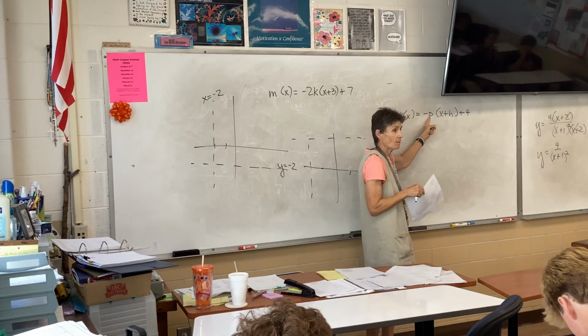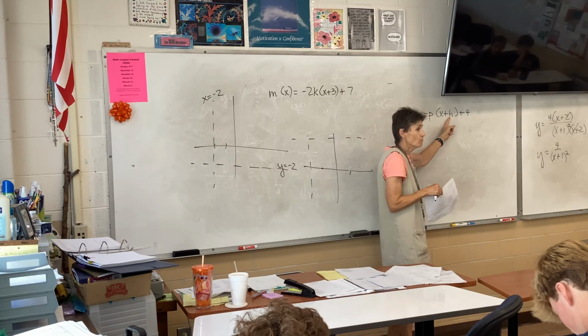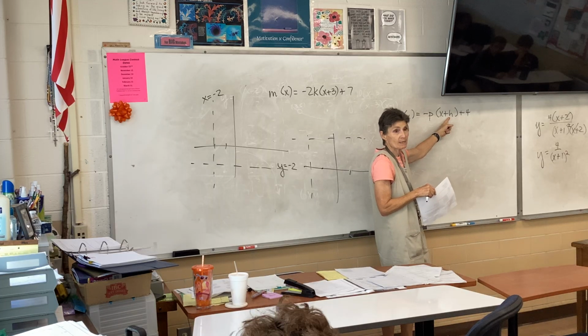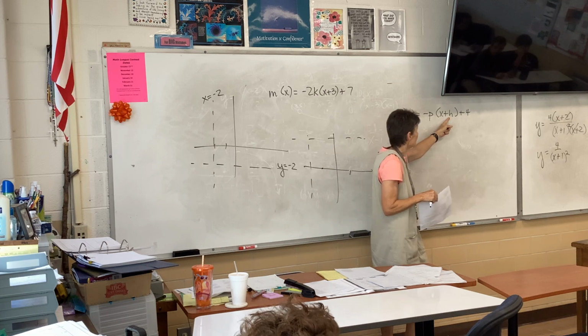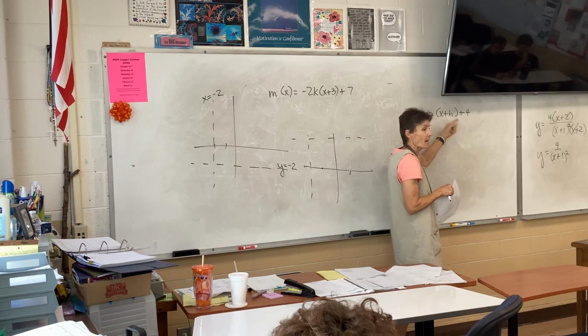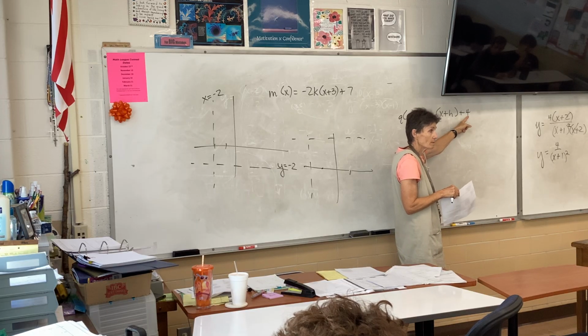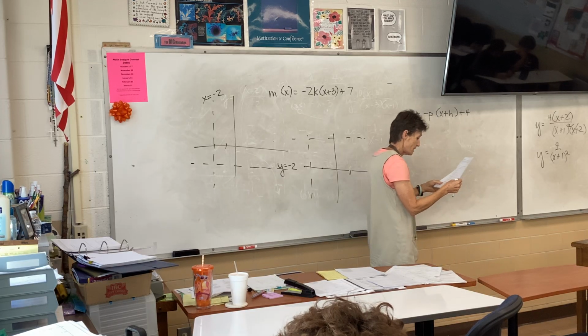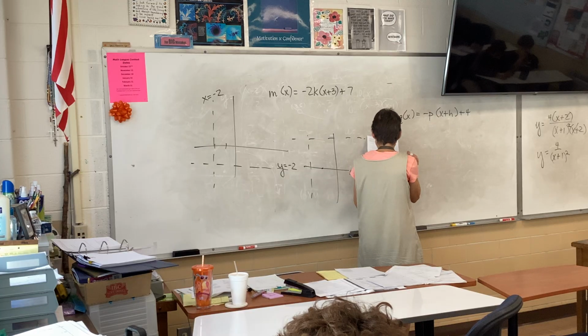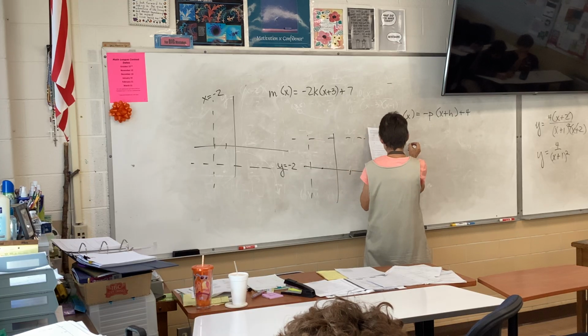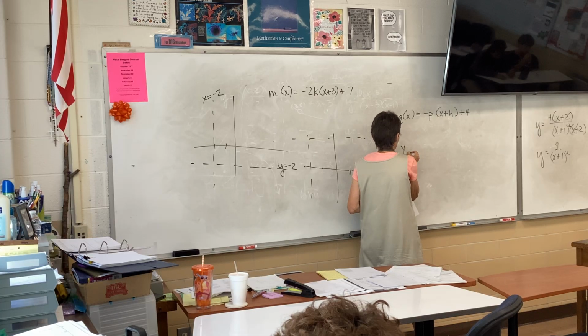Turning it upside down, moving it h to the left, and sideways of it, yeah, and then up 4. So where is the original horizontal asymptote? In the original picture, it's at -3.